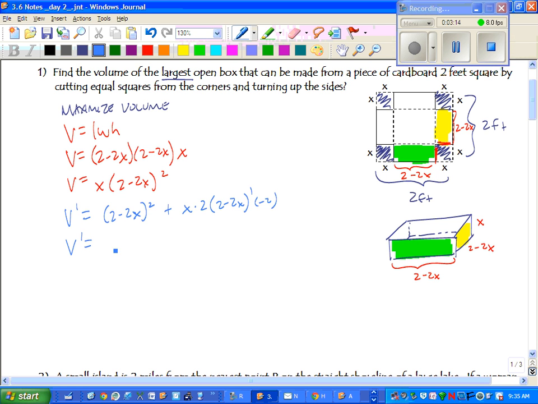So let's simplify that a little bit. We have 2 minus 2x squared, and over here we're going to have minus 4x times 2 minus 2x. So we can factor out 2 minus 2x from both of these. And we're left with a 2 minus 2x from the first one, and we're left with a minus 4x from the second part.